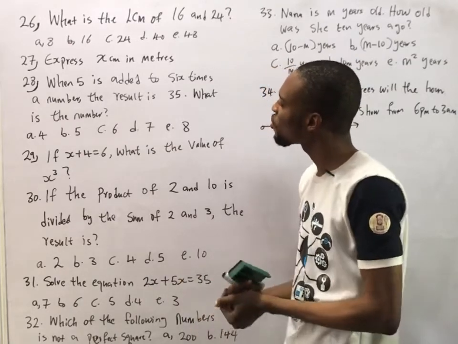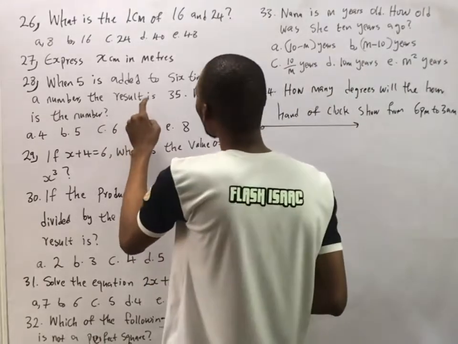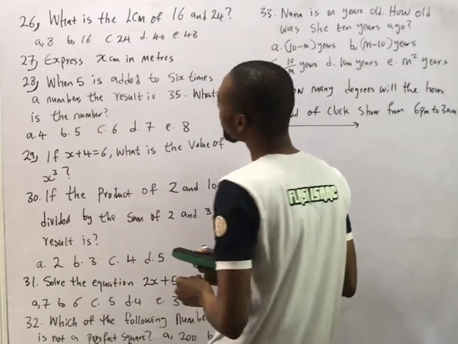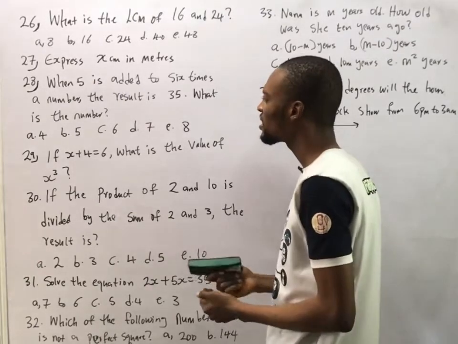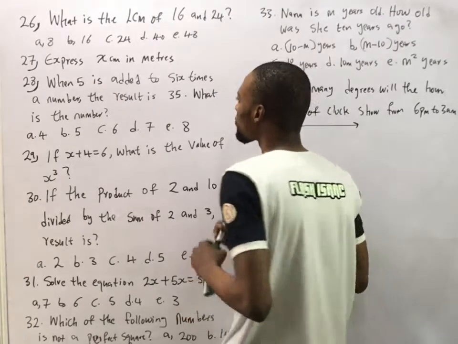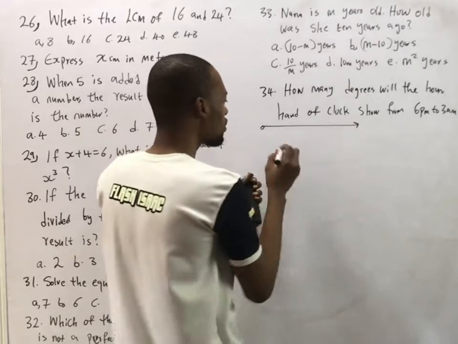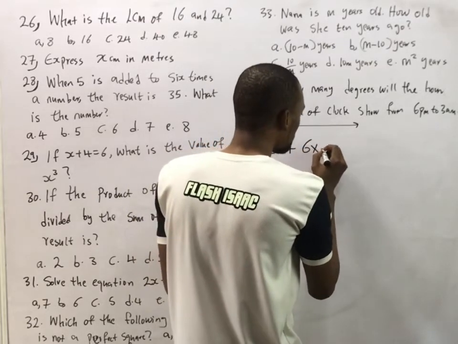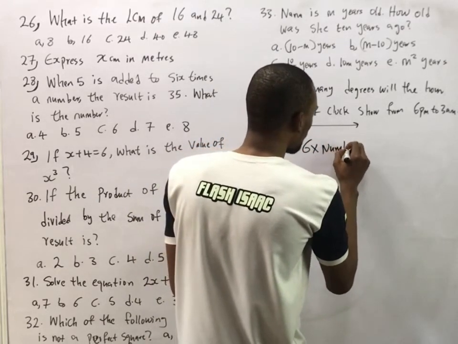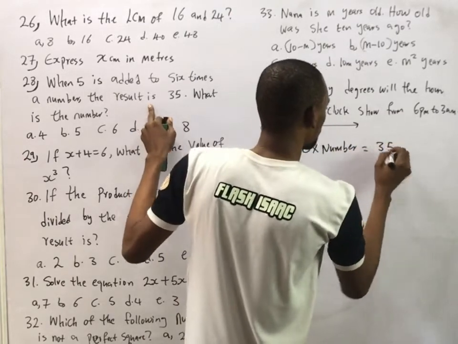Question 28 is a word problem question. It says, when 5 is added to 6 times a number, the result is 35. What is the number? So now, when 5 is added to 6 times a number, so 5 plus 6 times a number is equal to, the result is 35.